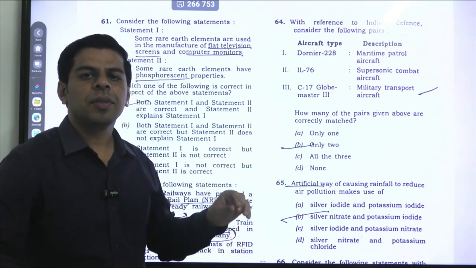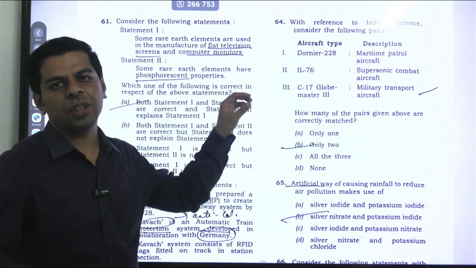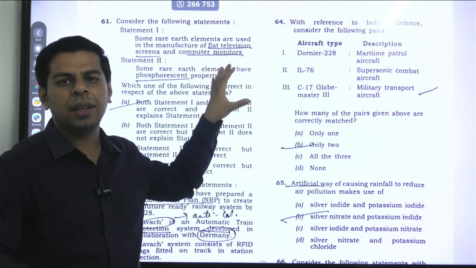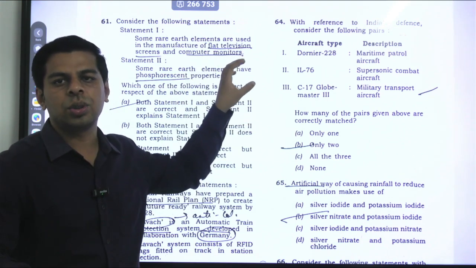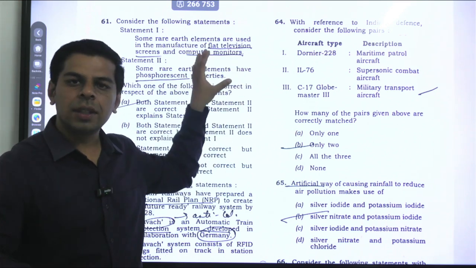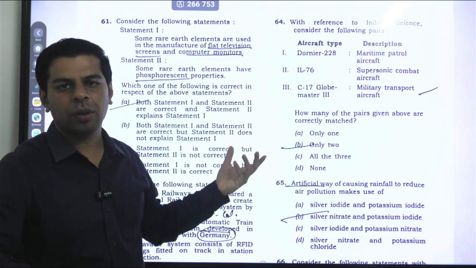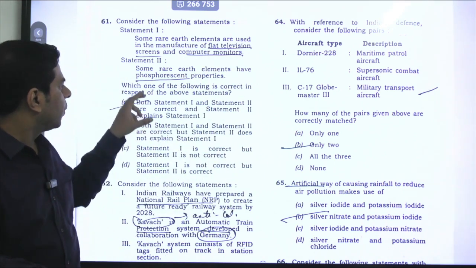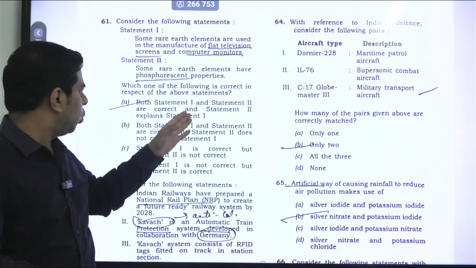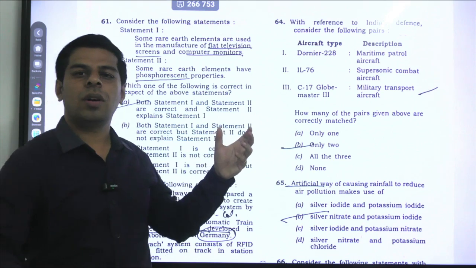Phosphorescent means when you supply energy to the charged particles, they emit electrons. The glowing screens, or high-resolution images which we see on organic light emitting diode TVs, are due to this very particular property. So both statements are sound, and statement 2 is the correct explanation of statement 1.